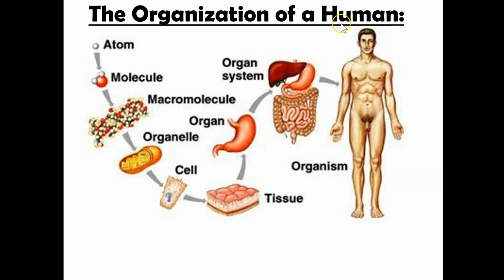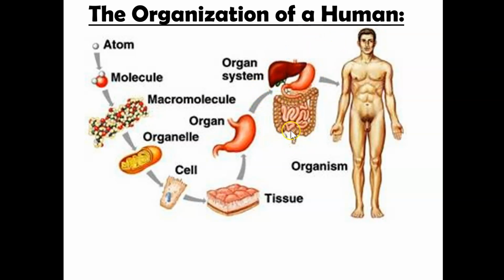So all humans, this is a diagram or illustration of a male. He is composed of a number of different organ systems. So this is basically the liver, we have the stomach here, we have the large intestine, and we have small intestines. This is basically an organ system that is responsible for digestion.